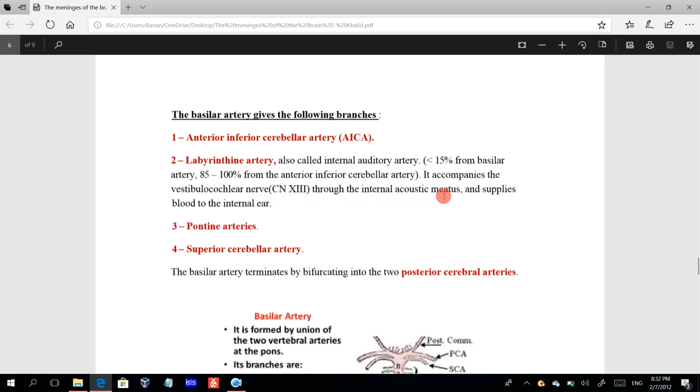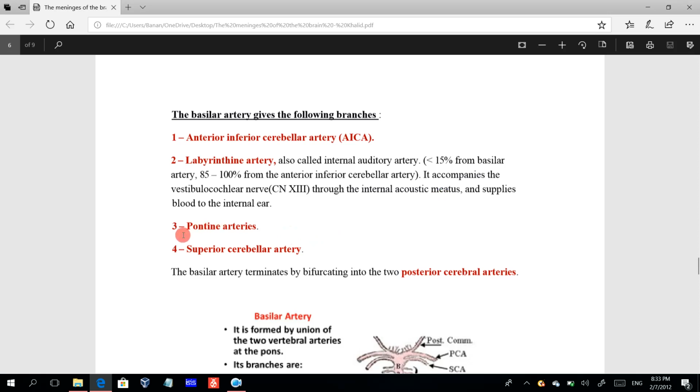Remember the foramina of the skull: the internal acoustic meatus transmits the vestibulocochlear nerve and the facial nerve. With this nerve, the labyrinthine artery passes to supply the labyrinthine system in the inner ear, or internal ear.